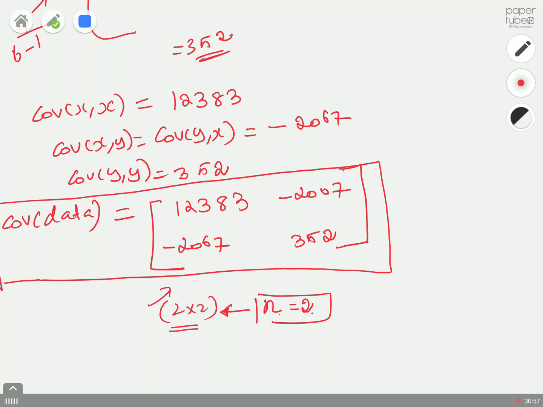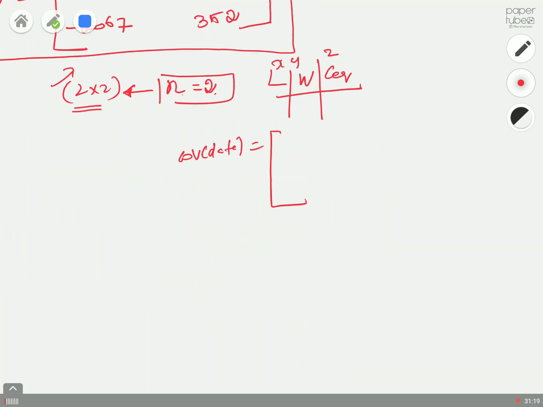If n is equal to 3, then the size of the covariance matrix will be 3 by 3. Say for example you have length, width, and equivalent circular diameter, called the CEQ. 3 variables, then you will have x, y, z. In that case your covariance matrix will be 3 by 3.